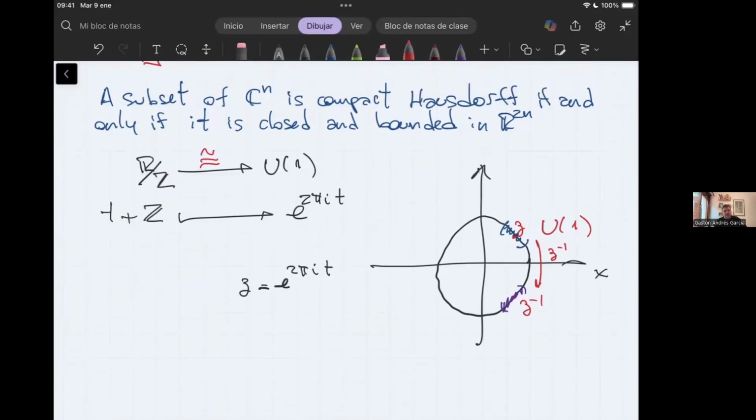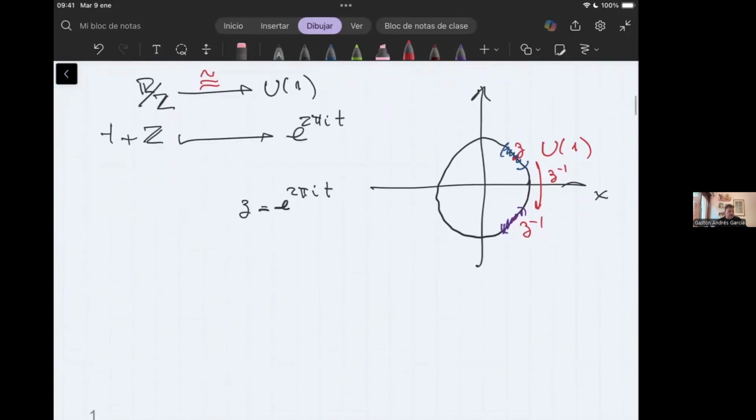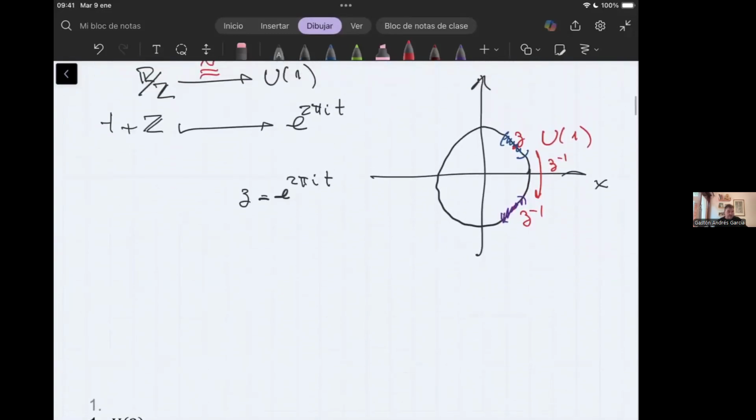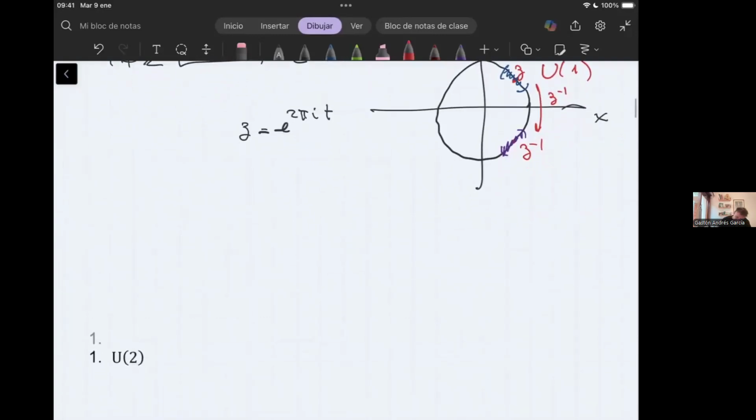Actually, we're going to talk about what are called matrix groups. So the next examples are going to be about matrix groups, and for matrix groups, there is a very easy way to prove that they are compact groups, or at least continuous, that the product and the inverse are given by continuous maps. So again, everything is full of exercises.